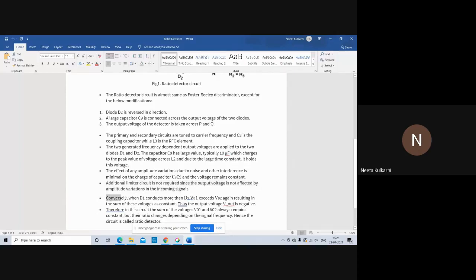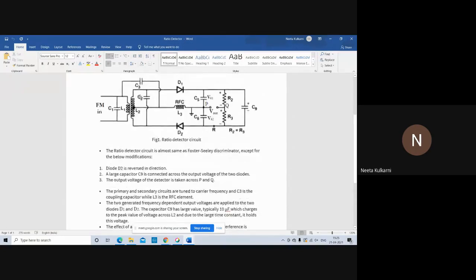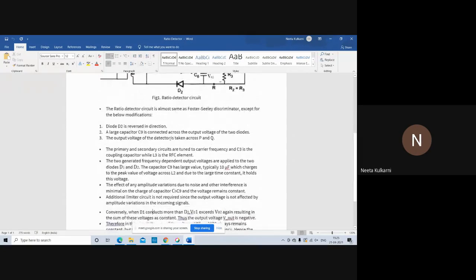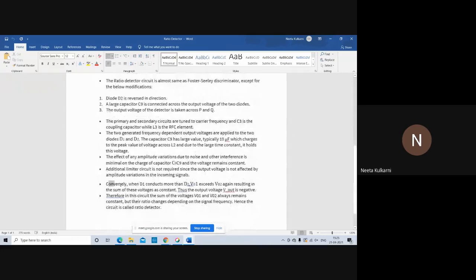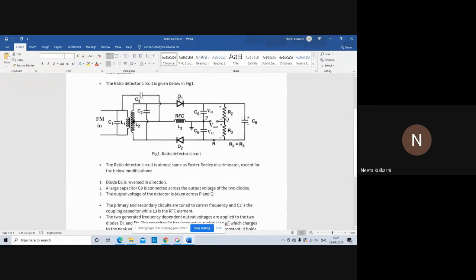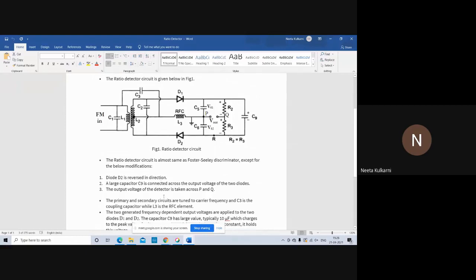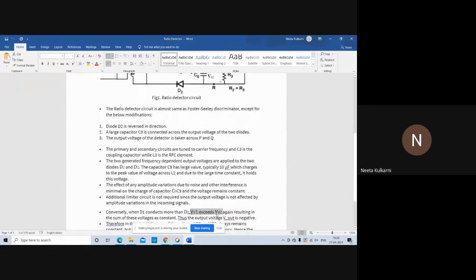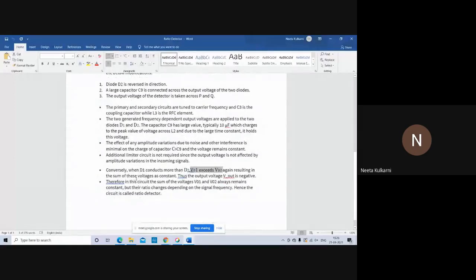Then conversely, when D1 conducts more than D2, जेव्हा D1 जास्त म्हणजे ही जेव्हा फ्रिक्वेन्सी FC पेक्षा जास्त असेल तेव्हा D1 जास्त कंडक्ट होतो. So when D1 conducts more than D2, VO1 exceeds VO2. हा जर कंडक्ट झाला तर ऑब्विसली VO1 ची व्हॅल्यू ही VO2 पेक्षा जास्त असते. That's why VO1 exceeds VO2, again resulting in the sum of these voltages as constant.